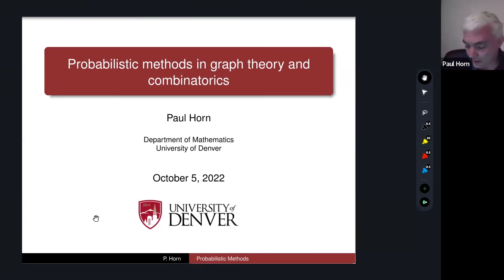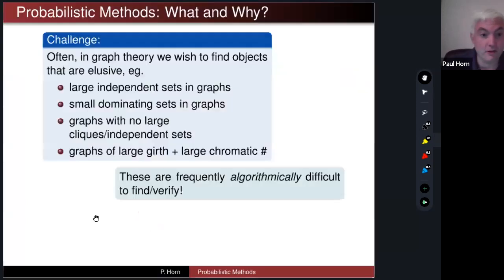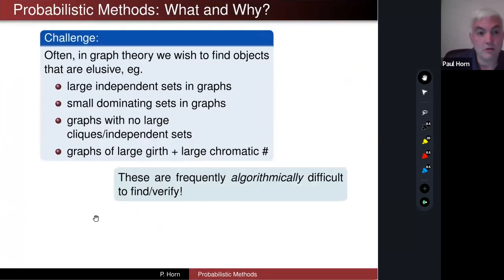And let me try and give a little flavor of what's going on here. So, what are probabilistic methods and why are they something that we might care about? If you've been coming to the talks thus far, or if you've worked in graph theory much at all, you know that often in graph theory, we're trying to find objects that are in some sense very difficult to find.